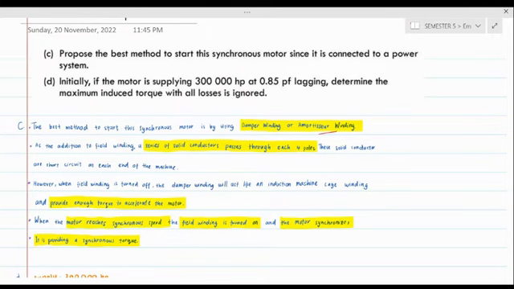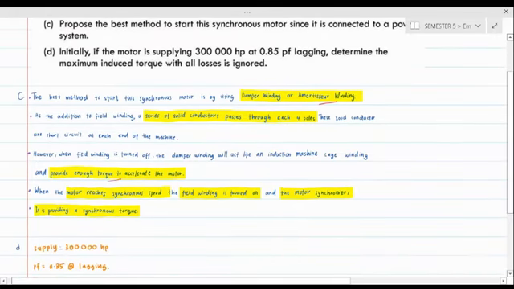These solid conductors are short-circuited at each end of the machine. However, the field winding is turned off. The damper winding will act like an induction machine cage winding and provide enough torque to accelerate the motor. When the motor reaches synchronous speed, the field winding is turned on and the motor synchronizes, providing a synchronous torque.